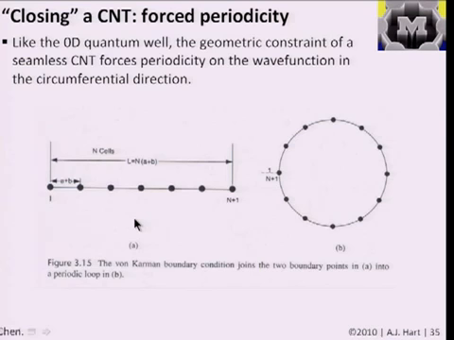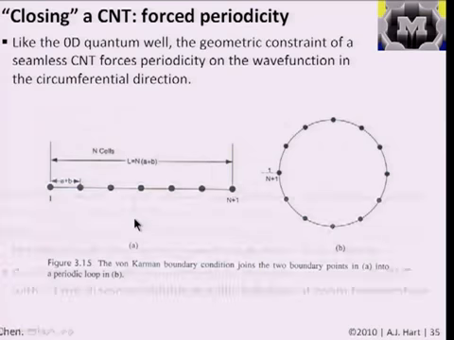So I want to make a jump from that to now thinking of the process of closing a nanotube around its waist as forcing a periodic constraint on the wave function in the circumferential direction, or around the circumference of the tube. And just without the details beneath it, develop a picture that we are considering the circumference or the path around the nanotube in a similar fashion as we considered the width of our quantum well or the diameter of our quantum dot.